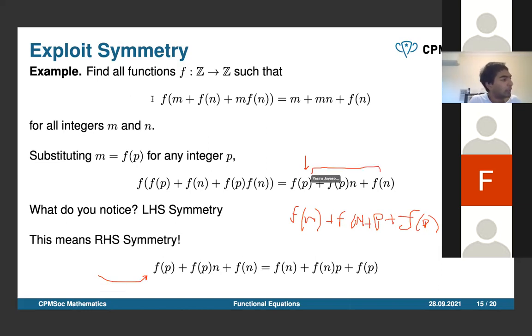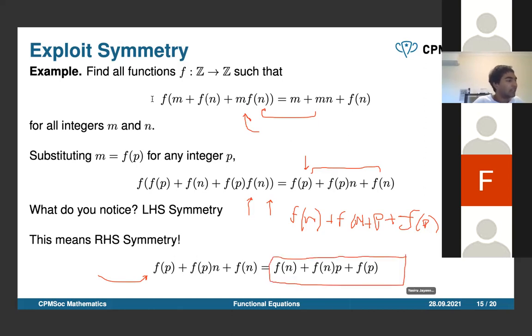Now after swapping p and n, the expression is still true because remember the functional equation holds for all integers m and n. So even by doing some swaps around, the left-hand side will still be equal to the right-hand side. The left-hand side doesn't change, but the right-hand side now becomes this new thing over here. We have a new right-hand side with the same left-hand side. And this means we can equate the two different right-hand sides to get this equation over here.